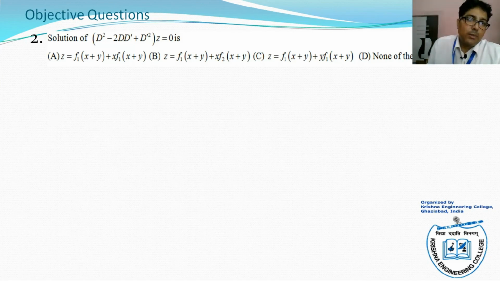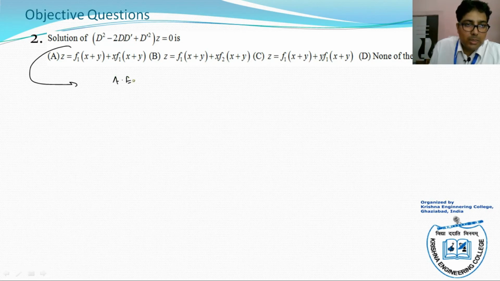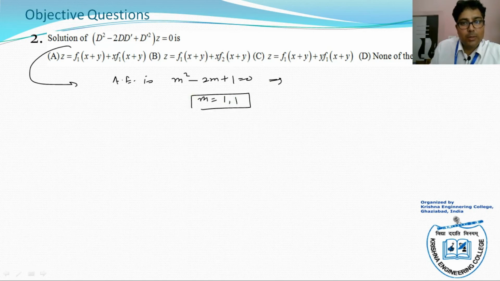Again, this is the homogeneous linear differential equation with constant coefficients. So the auxiliary equation in this case is m square minus 2m plus 1 is equal to 0. So we get m equal to 1, 1, because it is a perfect square, (m - 1) square is equal to 0.